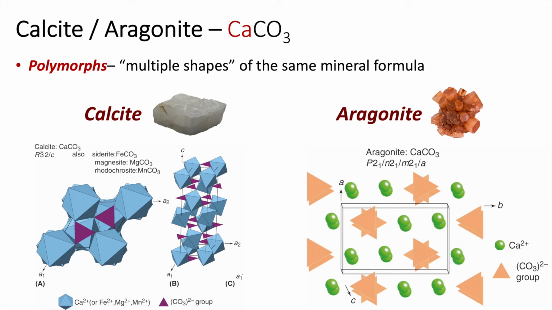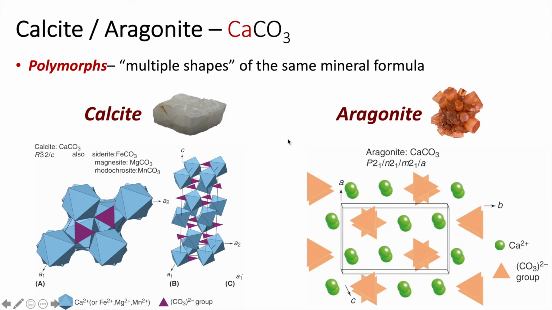A polymorph is when you have multiple shapes of the same mineral formula. Isostructural, meaning same structure, is when you have one shape for a bunch of different mineral formulas. So each of these different mineral formulas has the same structure, has these CO3 2- groups and these octahedral groups arranged in the same way. It's just a matter of what cation is filling in those octahedral sites.